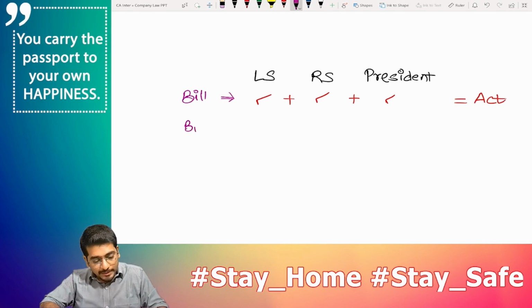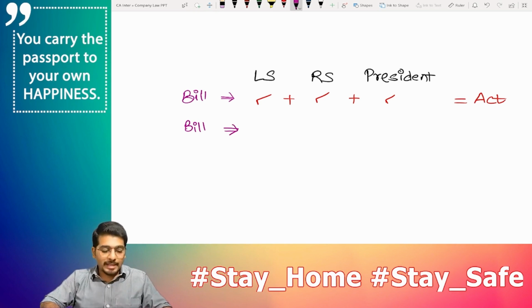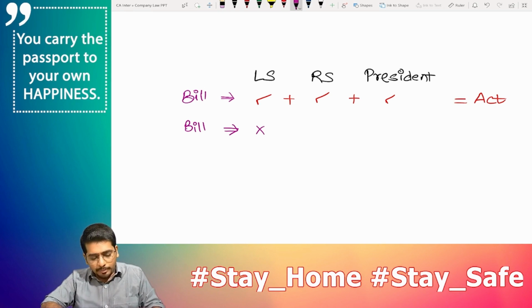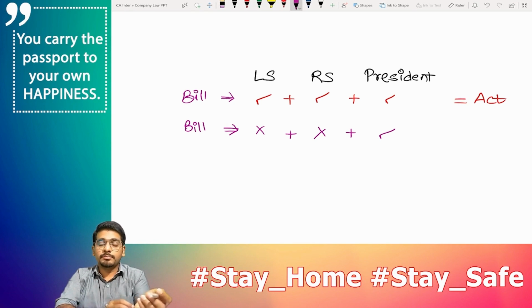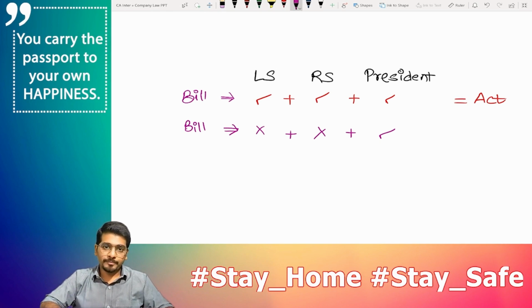Similarly, when a bill is supposed to be presented at the Lok Sabha and the Rajya Sabha and for the president's approval, for some reason it is not approved at either or both the houses of the parliament, but has received the approval of the president because the parliament was not in session at that moment.